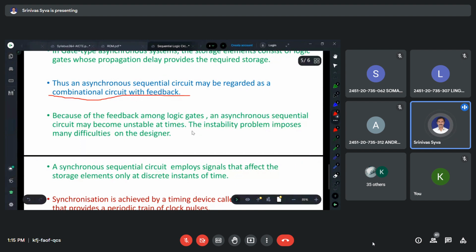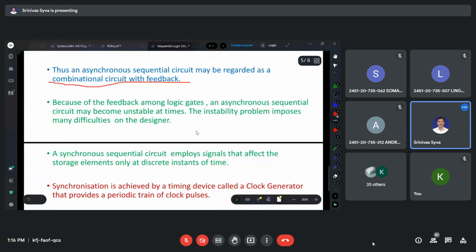So what you will understand here is that we can implement a given function in both modes, depending upon the particular application. Sometimes asynchronous mode is economical or suitable and the speed of operation will be improved, and sometimes a synchronous sequential circuit is suitable. We will see that.